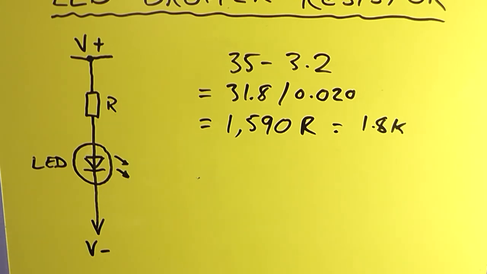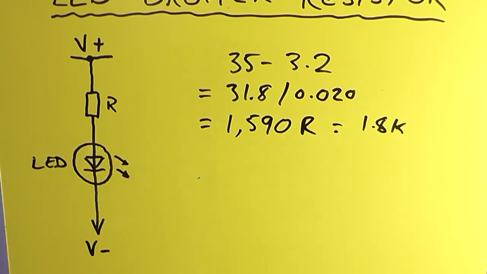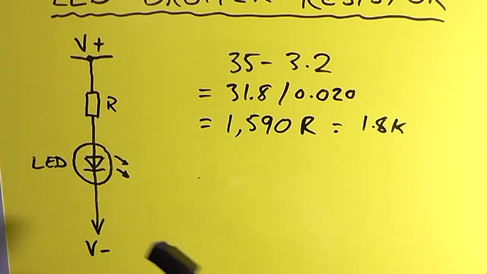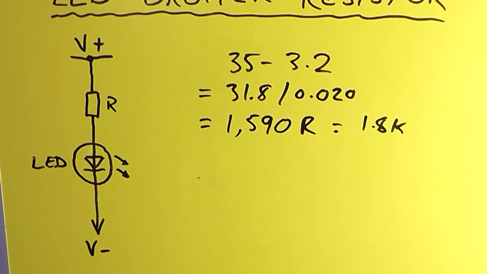Working out the resistive drop across this resistor is easy. As I said, it's just your supply voltage minus the required voltage for the LED. And just a quick side note, it doesn't matter where this series resistor is. It could be on the anode or the cathode. So it doesn't matter if the resistor is connected to the negative or ground or to the positive. The calculation is still the same.